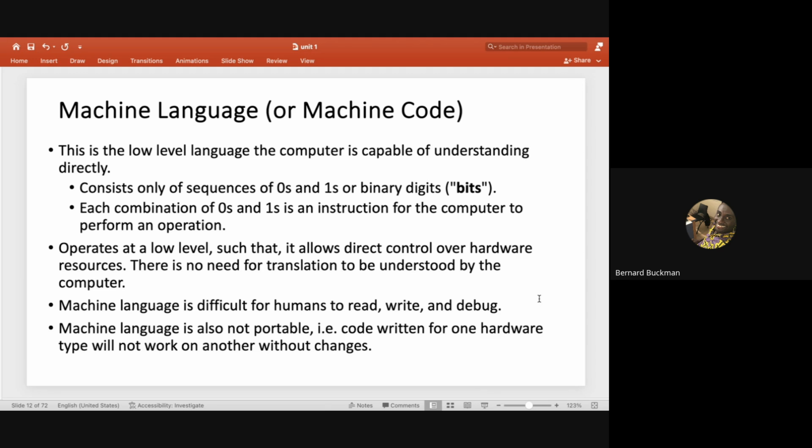It becomes difficult to memorize and use those patterns. For example, if we were only using machine language, it would be difficult to teach you programming because you would have to learn bit patterns.